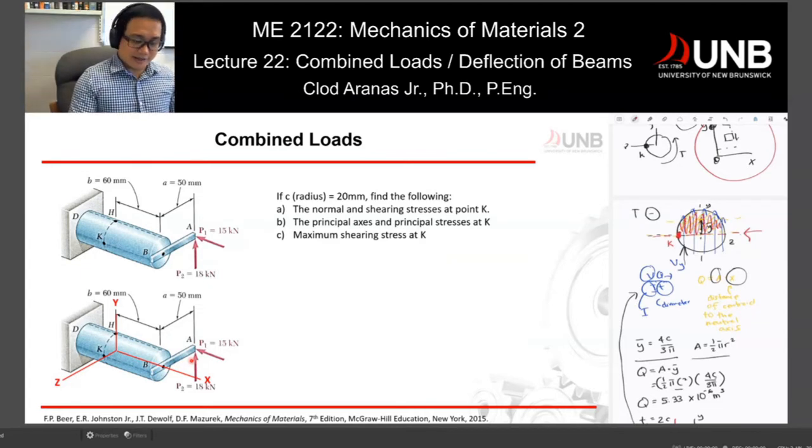Now, how did I know that it's that one? Because my V sub y is in this direction. So I have to look at above and below, which refers to the head and the tail of the arrow for V sub y.